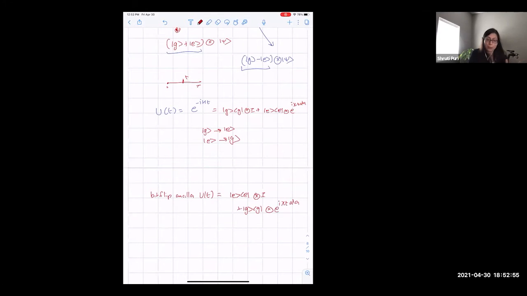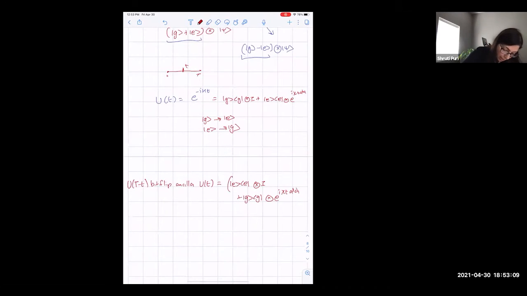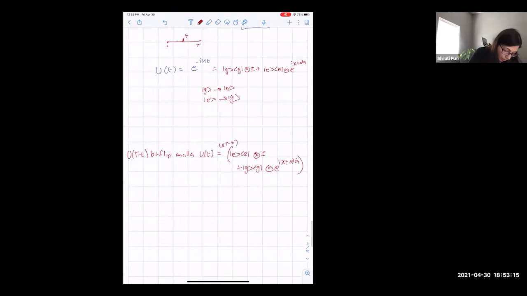I just flipped. And after this, the gate continues, right? The same unitary happens for time capital T minus small t. So basically I have to apply U of T minus t here. Now, U of capital T minus t is just G tensor I plus E.